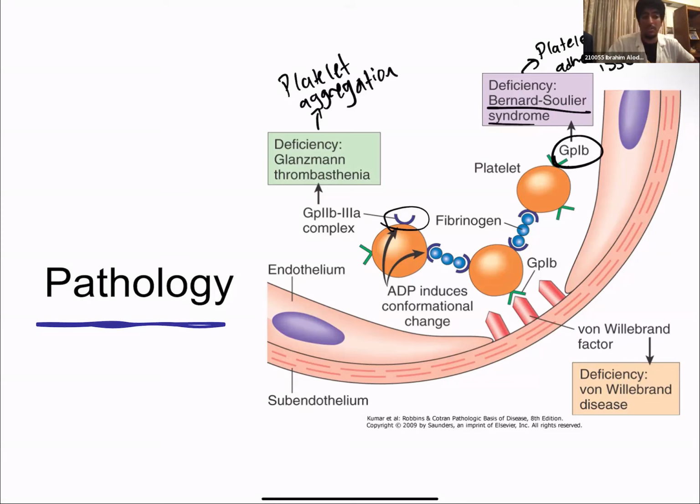So Bernard-Soulier is GP1B deficiency. Glanzmann thrombasthenia is GP2B3A deficiency. One is a platelet adhesion issue. One is a platelet aggregation issue. Both of these issues mean that you cannot form a platelet plug, which means it's a problem of primary hemostasis.